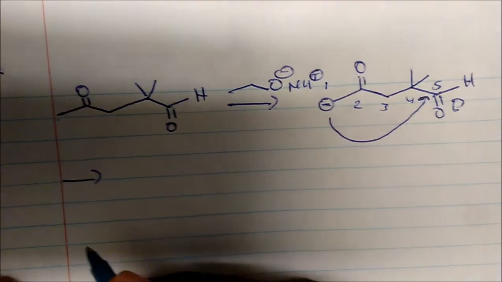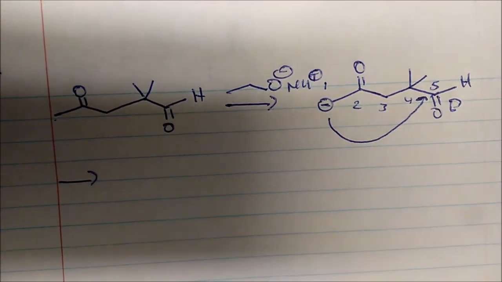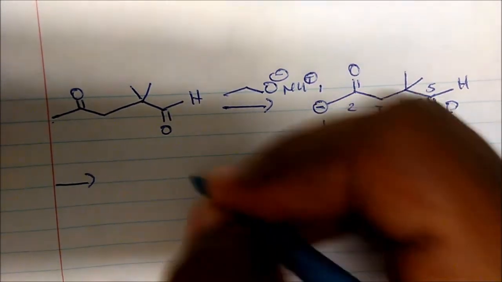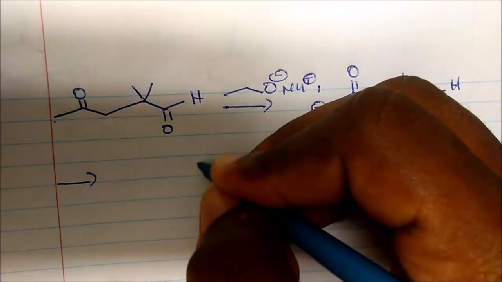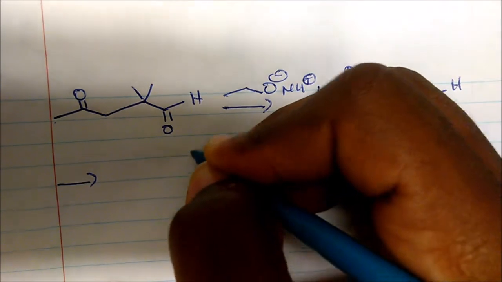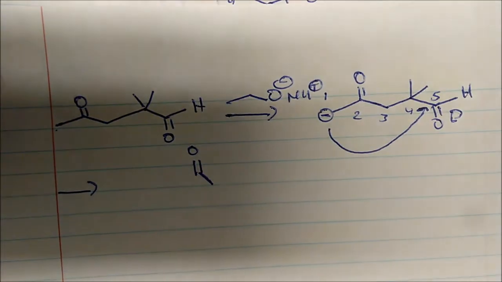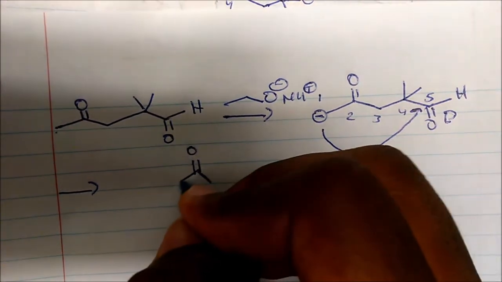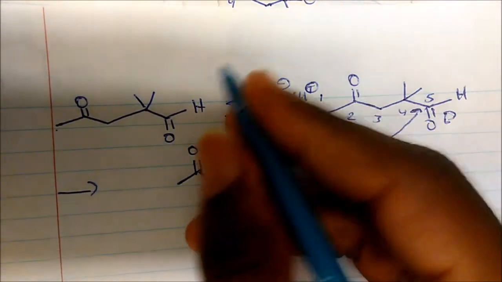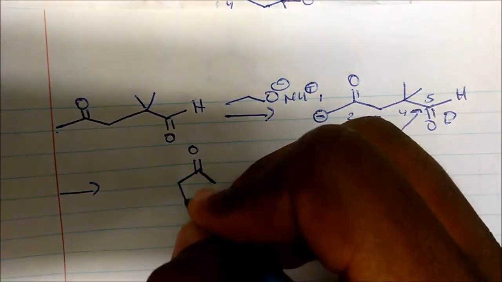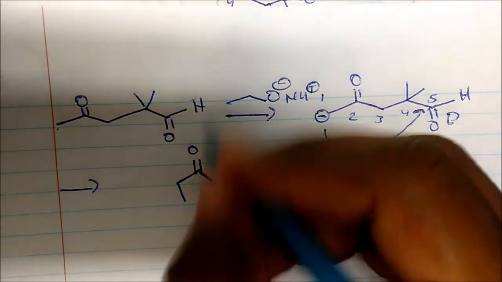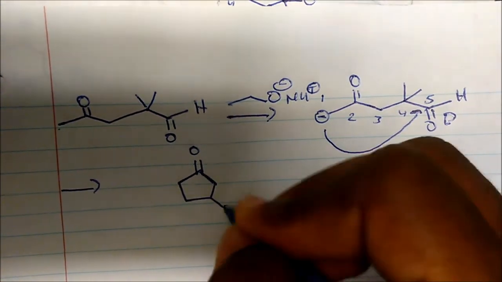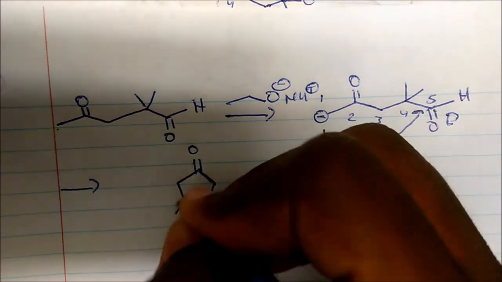Okay, so if that is true, then we come to a structure that looks like this. Okay, here is carbon 1. Here's the carbonyl, carbon 2. Okay, so we have something that looks like this. We have an O minus.